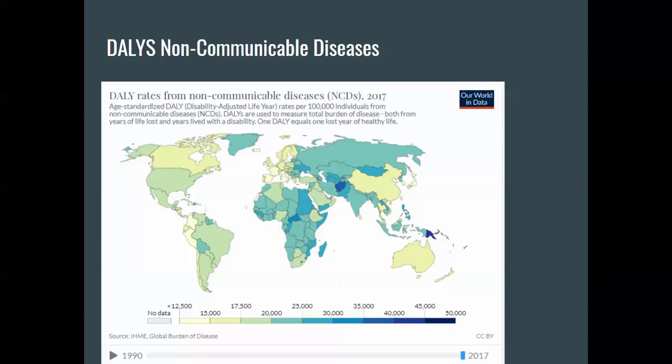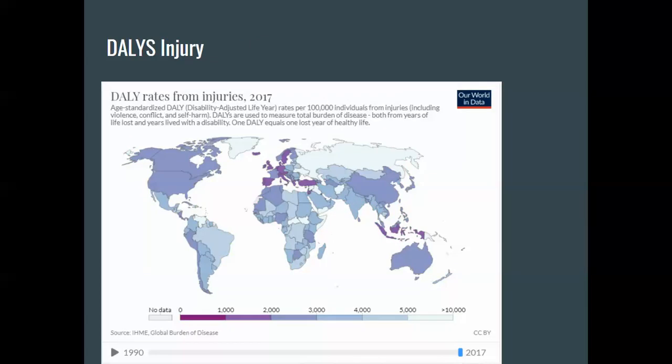Now, the last grouping of causes are what we call self-injurious activities or injuries. And what is interesting about these is that they tend to be most prevalent in Europe and in North America, but also in China, Japan, and in Southeast Asia. One of the components of these is self-harm and violence.